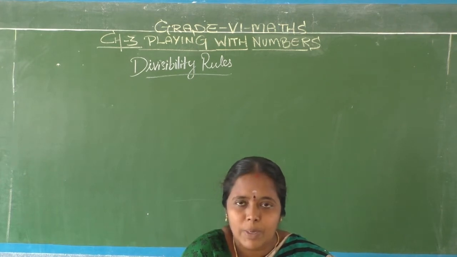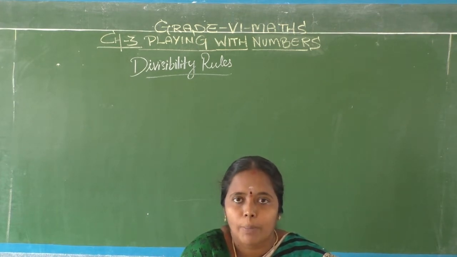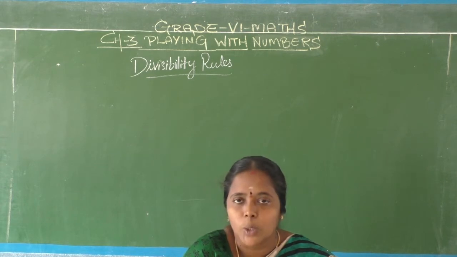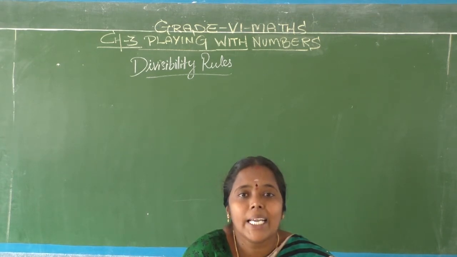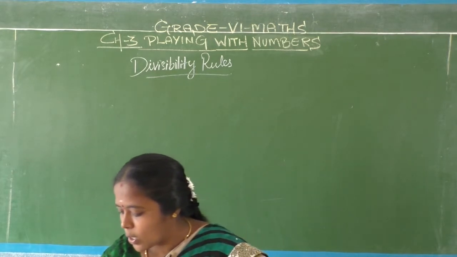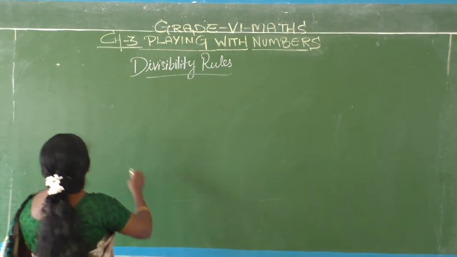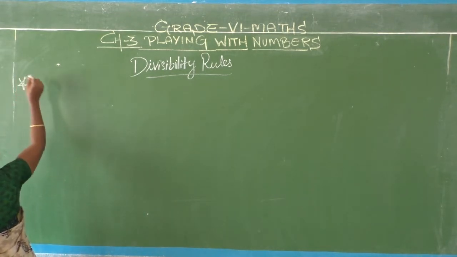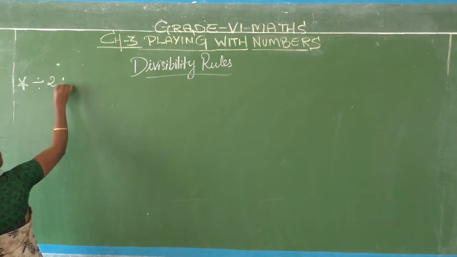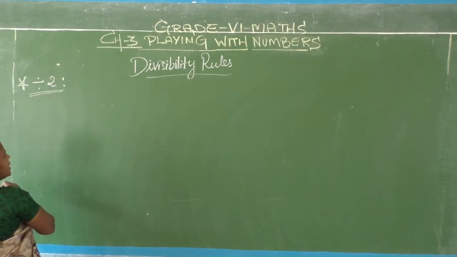There are many rules mentioned in the book. We will see them one by one now. First rule, divisibility by 2 rule. What is that? What is it telling?